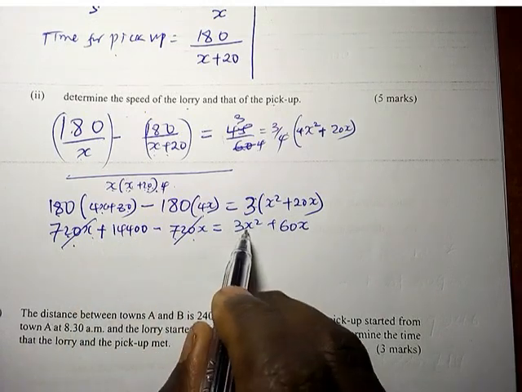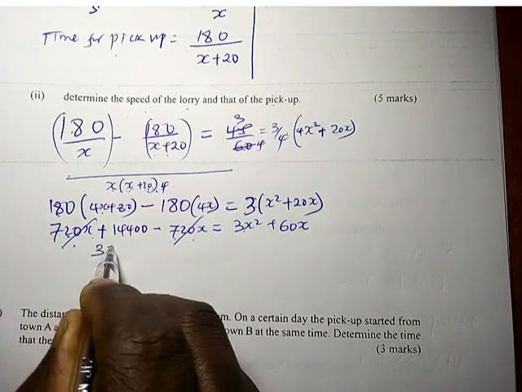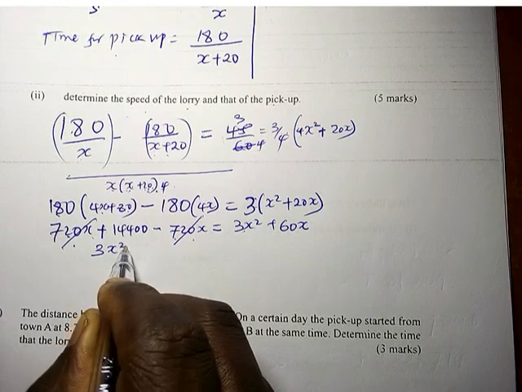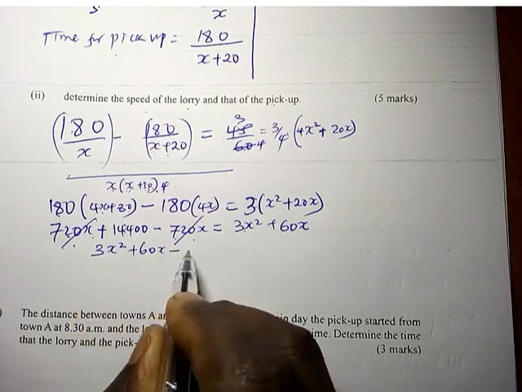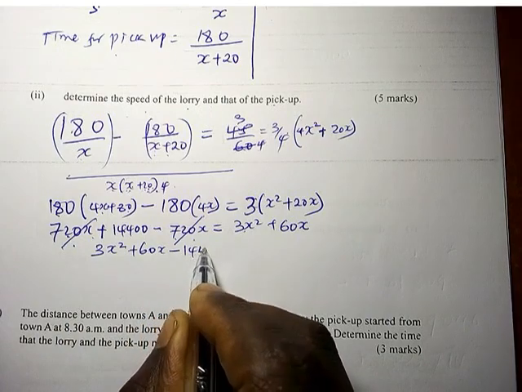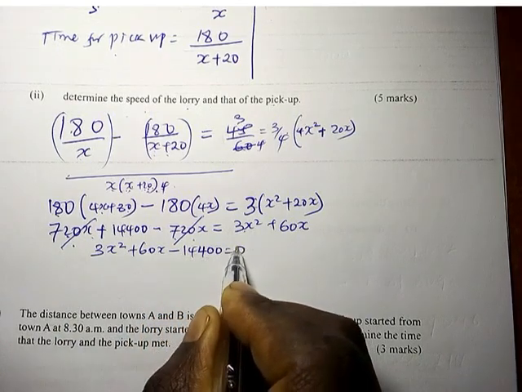So we will have now this one 3x square plus 60x minus 14000 is equal to 0.